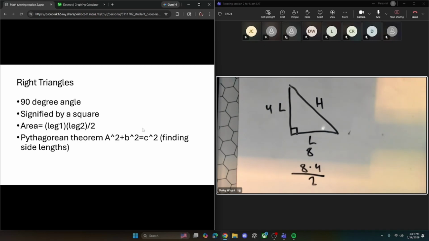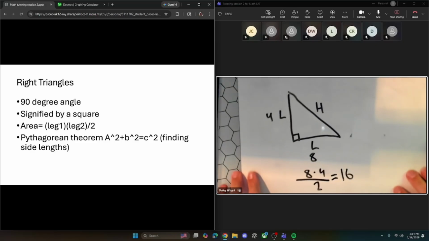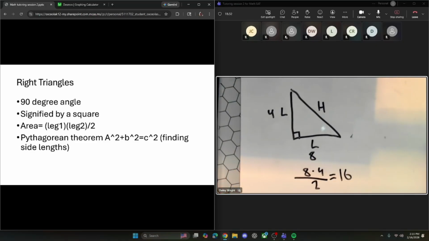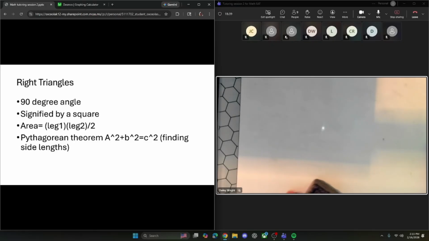And you will get 16 if you put that in Desmos. So that's the area of a triangle. Those aren't asked too much on the SAT, honestly, but you'll see a problem every now and then, and it is important to know.